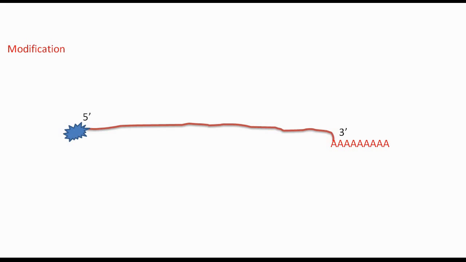There are two mechanisms adopted to protect the nascent mRNA molecule. So to protect it, two modifications take place, one at the 5' end, another at the 3' end. The modification taking place at the 5' end is the addition of a methyl group to the guanosine residue.